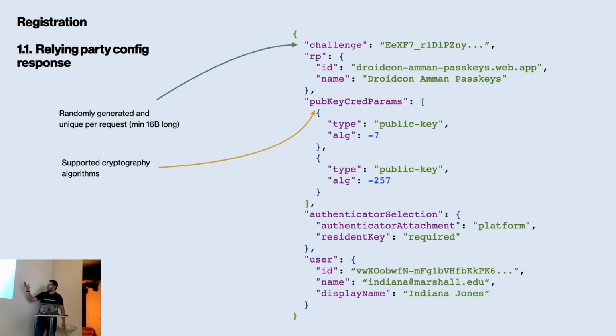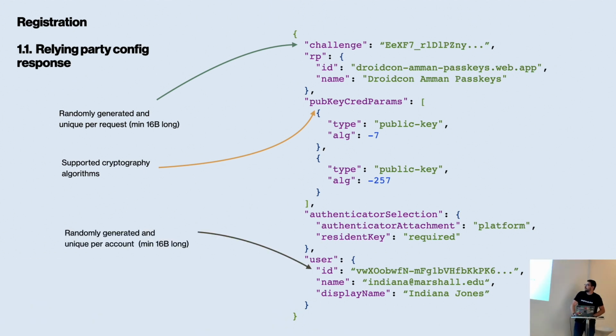One is RSA with SHA-256, and the other is something else. But the thing is that your server, if you're building a complete solution yourself, can define which algorithms it considers safe and which it doesn't. So if you have an authenticator that doesn't support any of the algorithms listed here, you're going to fail your registration process.